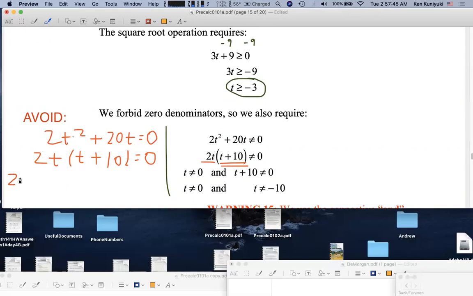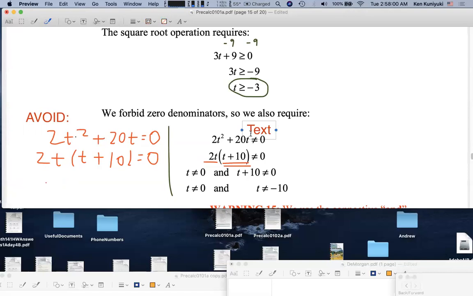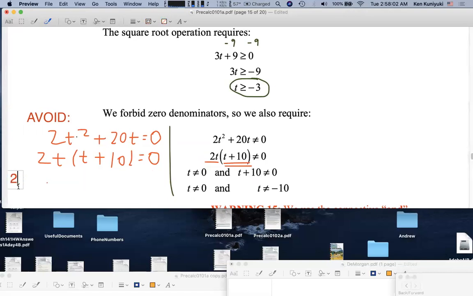If 2 equals 0, or t equals 0, or t plus 10 equals 0.